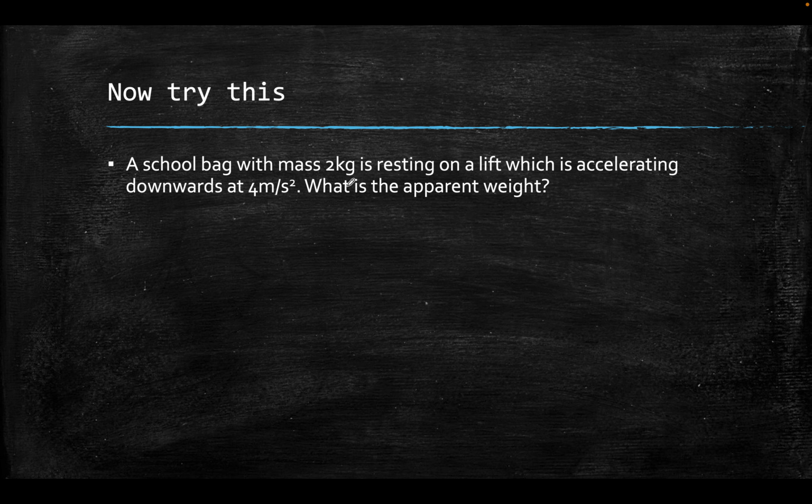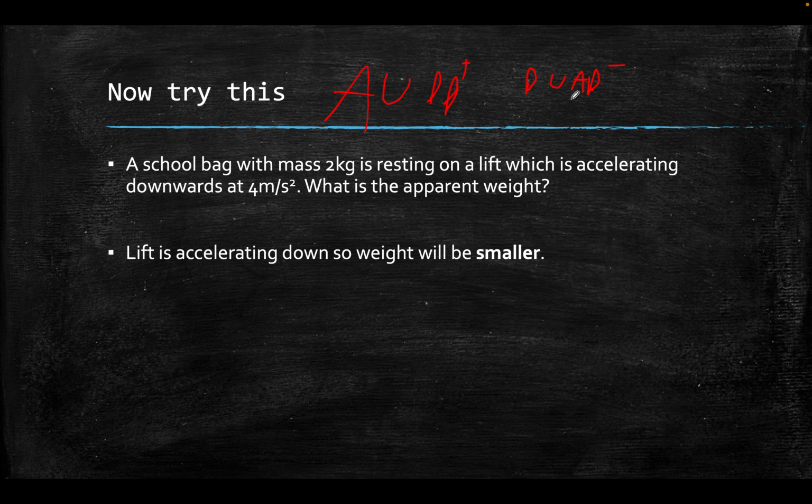Here's another one. A mass of 2 kilograms is on a lift accelerating downwards. AUDD is plus, DUAD is minus. So it's accelerating down, it will be smaller. Accelerating down, I will subtract.